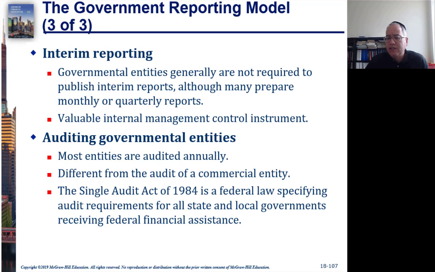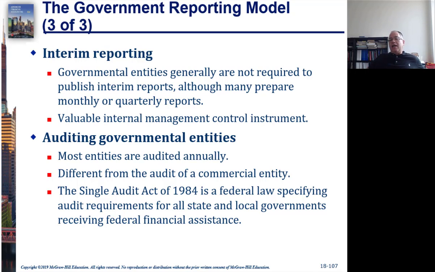Most governmental entities are audited once a year. The process of auditing is going to be very, very different from auditing a regular company. There's something called the Single Audit Act of 1984, where the federal government, and it's periodically updated, explains some basic principles for auditing state and local governments.